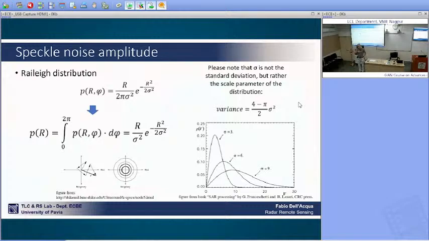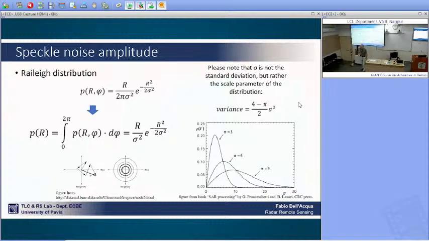I assume you're familiar at least with the basics of probability computation or probability definition. Okay, so you know what a PDF is. So I have a random phenomenon, and I can theoretically derive its PDF, and this PDF contains the information I'm seeking.